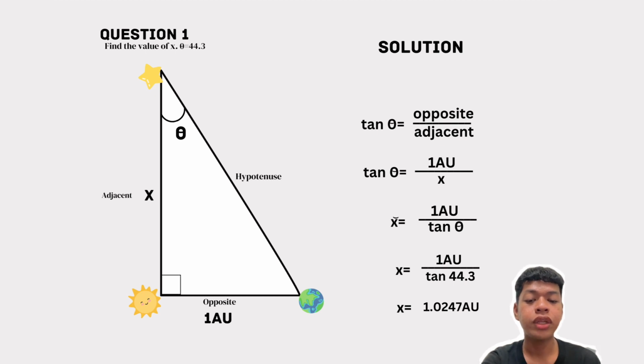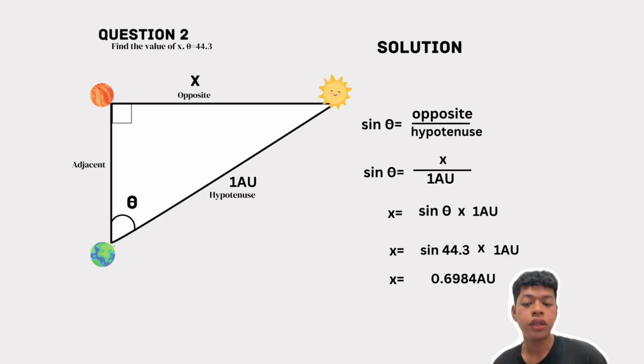As the question provided, theta is equal to 44.3, so x is equal to 1 astronomical unit over tangent 44.3. Using a calculator, the answer will be 1.047 astronomical units.